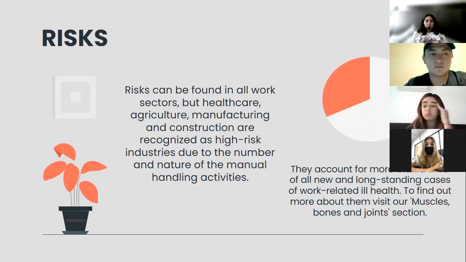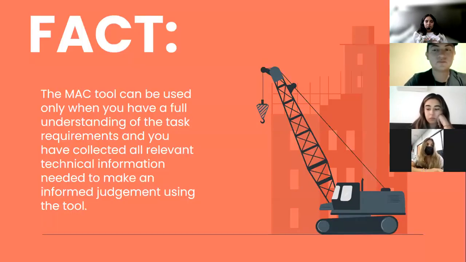Just as a fact, this type of high risk accounts for more than a third of all new and long-standing cases of work-related ill health. To find out more, we can visit the muscles and bones section. It's a really high percentage, more than a third of all the risks.